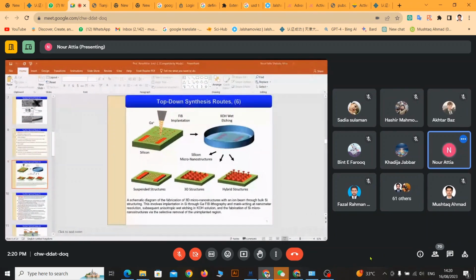You can see here, this is slide number 9. So this is the focused ion beam way. You can see here in the silicon, you are just preparing, and after that you're using KOH for wet etching. Then you will find some nanostructures, 3D.